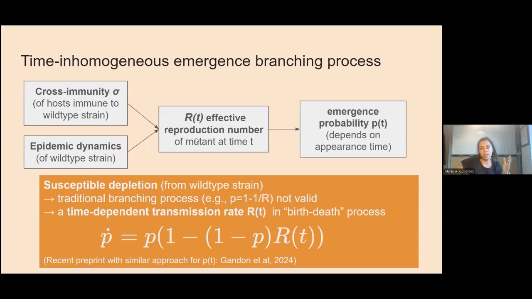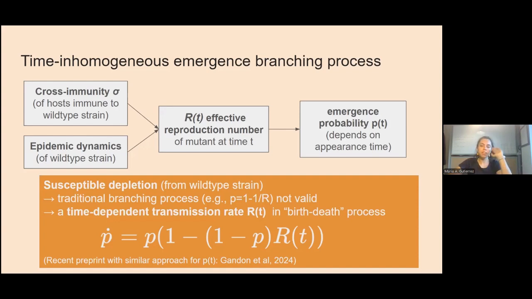But to really measure the probability that it is able to spread, we need the effective reproduction number of the mutant. And with that, we can calculate the emergence probability. Many of you will be familiar with traditional branching process theory and a lot of classical approaches with a bunch of assumptions about the transmission process that lead to this really neat formula for the emergence probability that just involves the effective reproduction number of the mutant at the time at which it appears.